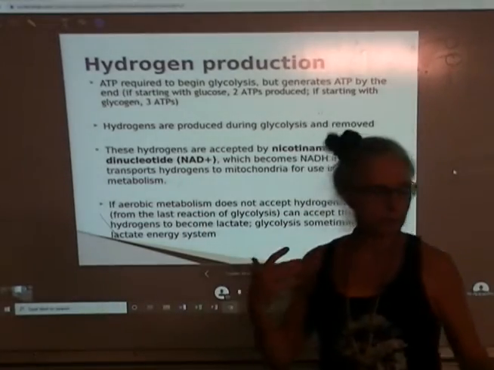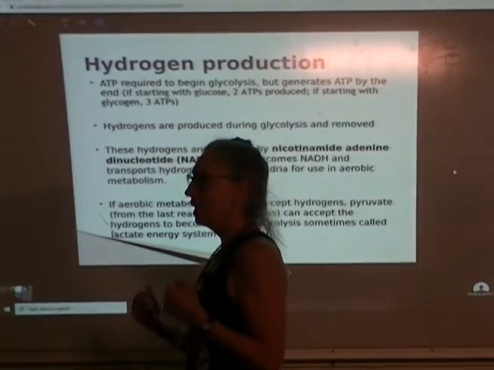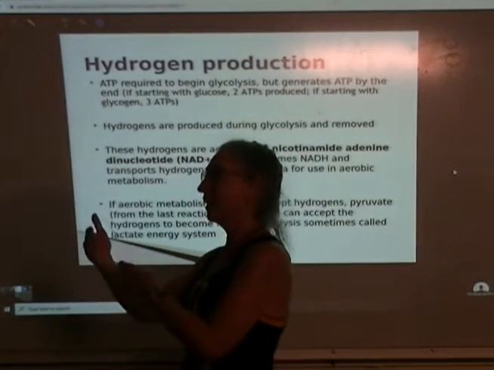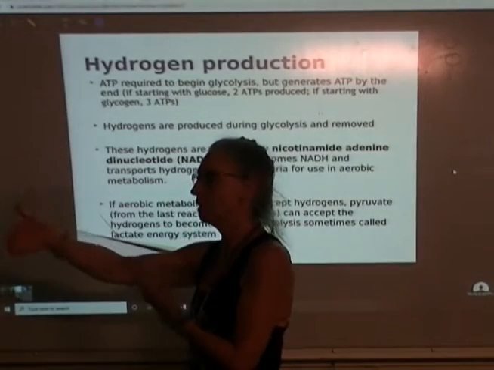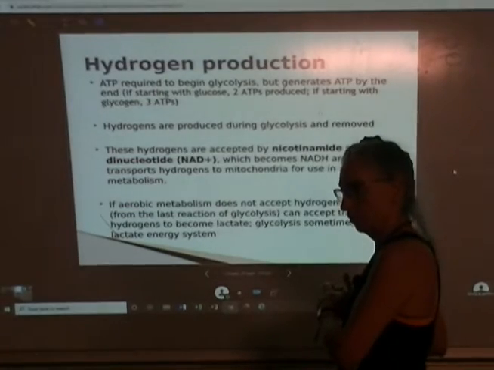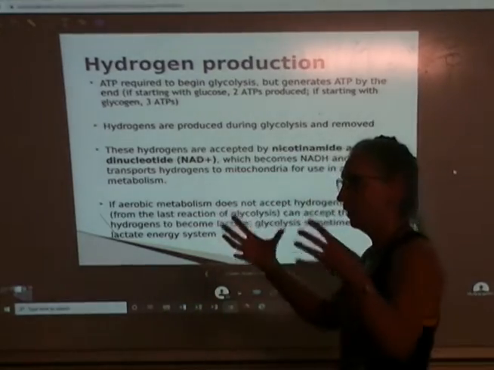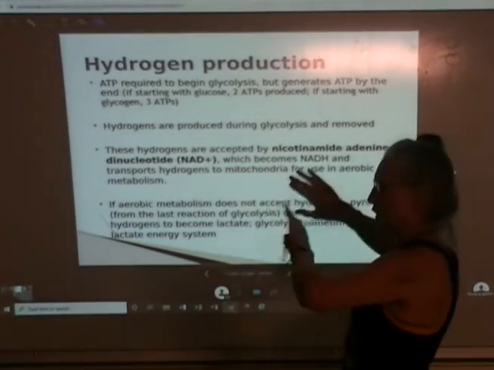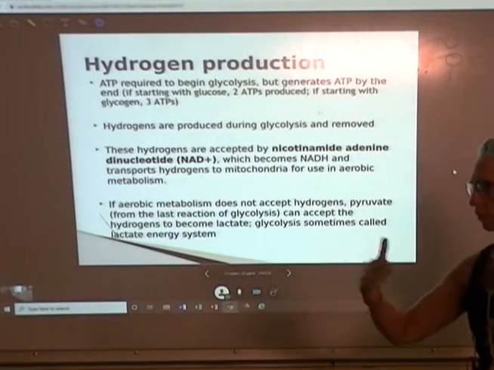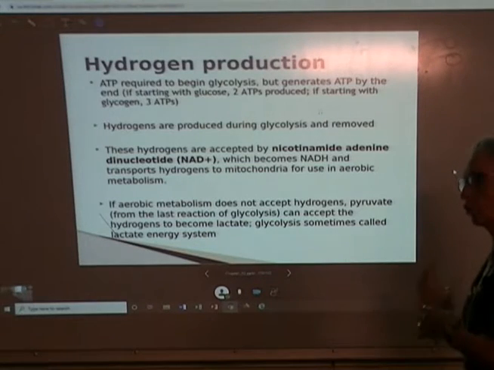So if I run 100 meters as fast as I can, and instead of stopping, I keep going to 200 meters, I can't run that second 200 meters as fast as I could run the first 100 meters, right? I have to start slowing down because gradually, even with these opportunities to get rid of hydrogen, it starts to build up in the cell because we're breaking carbohydrate down faster than we can get the hydrogen removed.